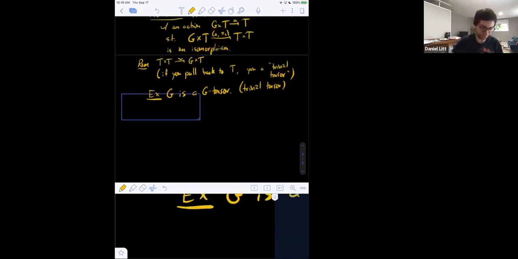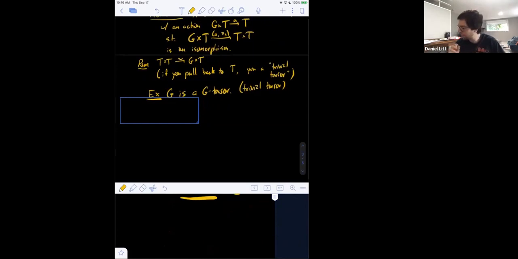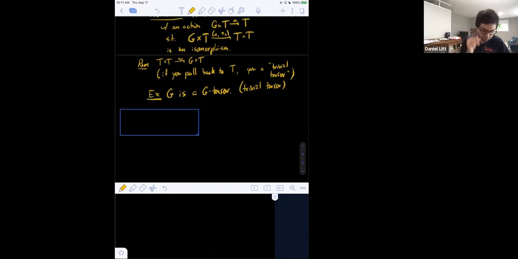Maybe I want to give some examples before talking about representability. So here's an example. Suppose G is just a finite group.